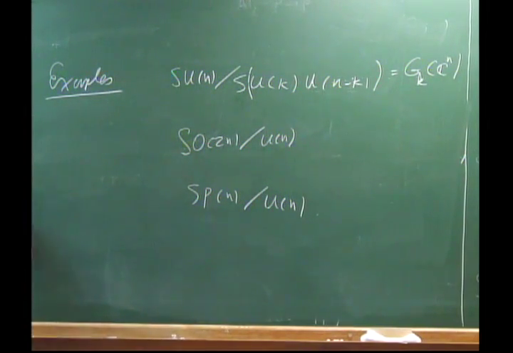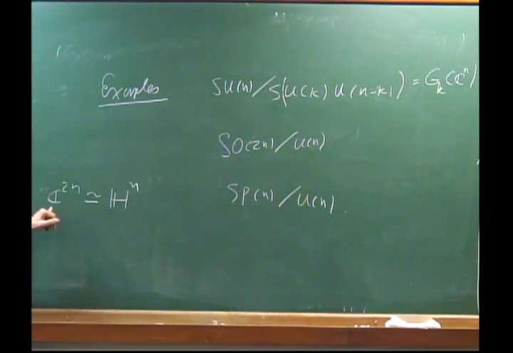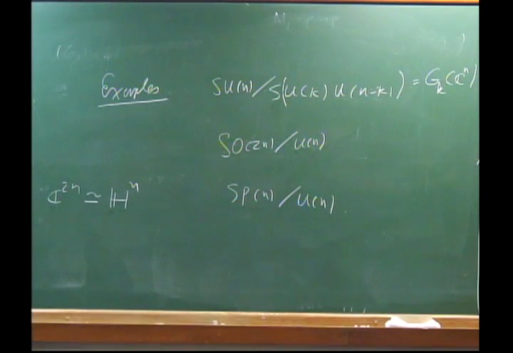If you want, it's a way of identifying C2n with Hn. But to do that, I have to know what J looks like. I know what I looks like already. And J is a map whose square is minus identity and is complex antilinear. And that's what this looks like, a set of all such structures. Very important thing for representation theory. It's how can I decide whether a complex representation is a quaternionic representation by these kind of structures. So I didn't talk much about that because we didn't do representation theory.